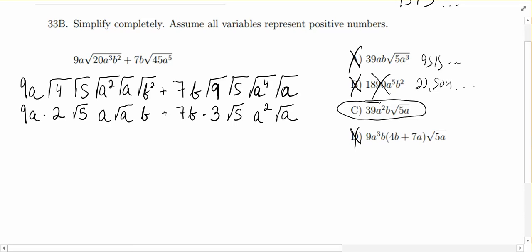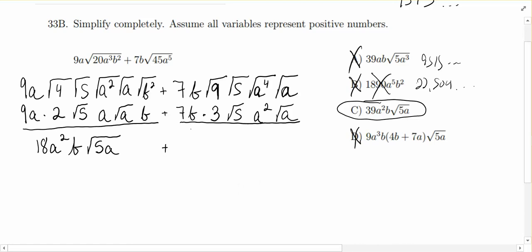Now we clean it up. So now we take a look at this guy over here and say, I have 9 times 2 outside the radical. That's 18. I have a times a outside the radical. That's a squared. And I have a b outside the radical. That's b. Inside the radical, I have a 5 and an a. Then I take a look at the second term. Outside the radical, I have a 7 times 3.